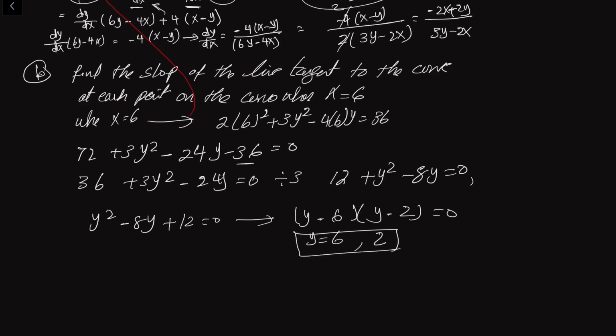It wants us to find the slope of the line tangent to the curve at each point on the curve when x equals 6. So now we've got the two y values, and we already have the x value. We're going to pair this x value and y value, and then we get the tangent line.